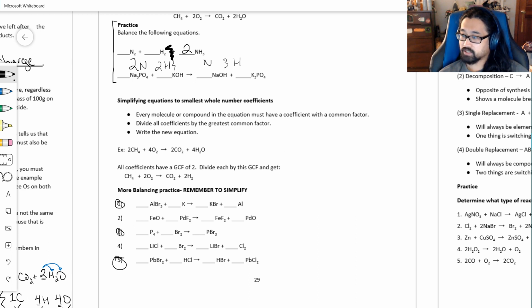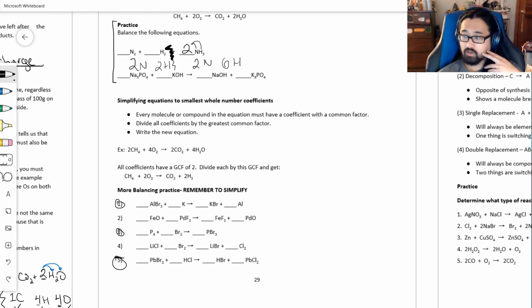By doing that, I actually changed the number of nitrogens that's represented into 2. The thing to remember is that this 2 distributes to nitrogen and to hydrogen, so it's not just 3 H's anymore. It's actually 6.